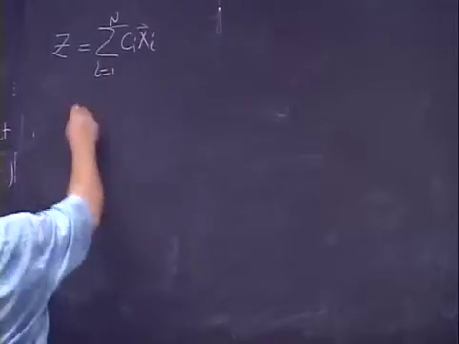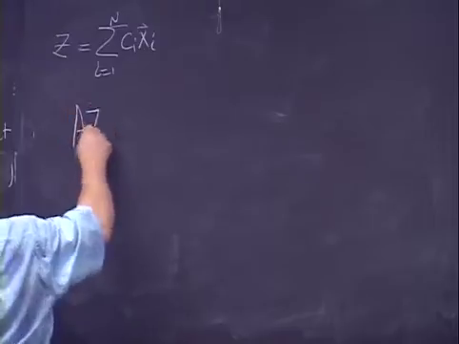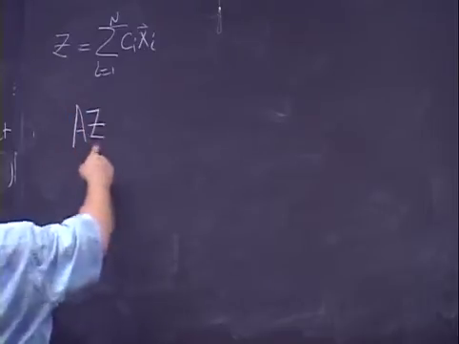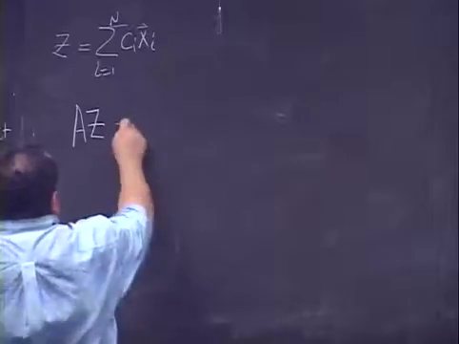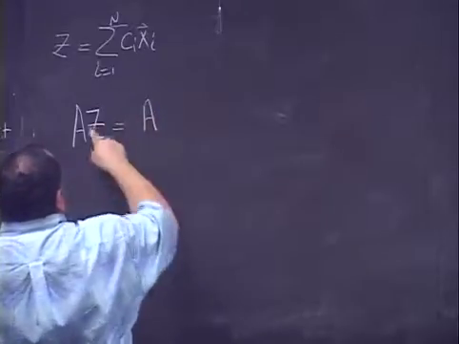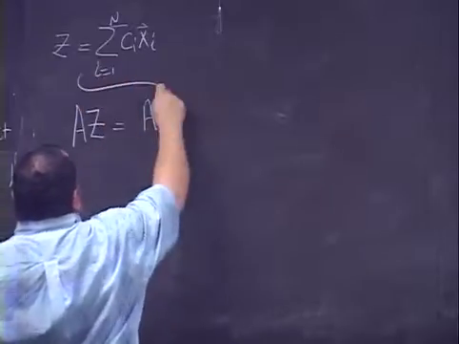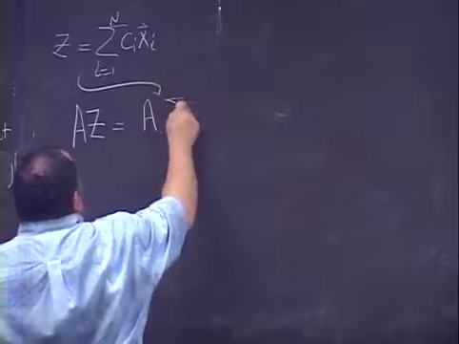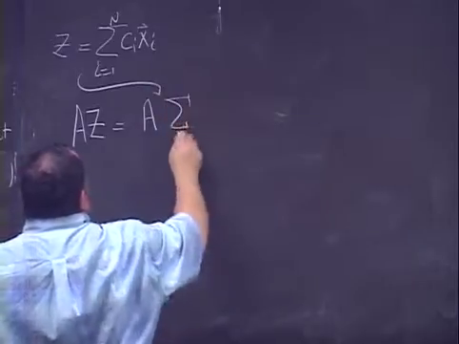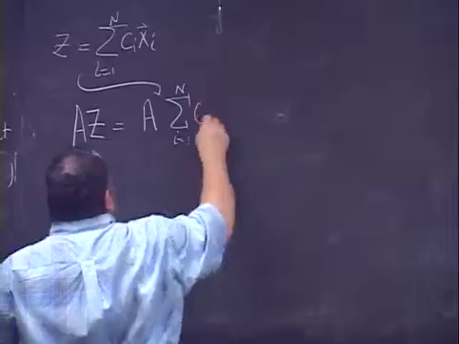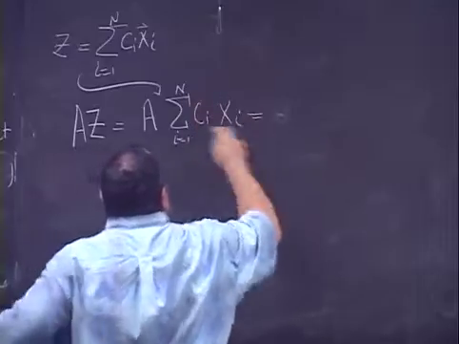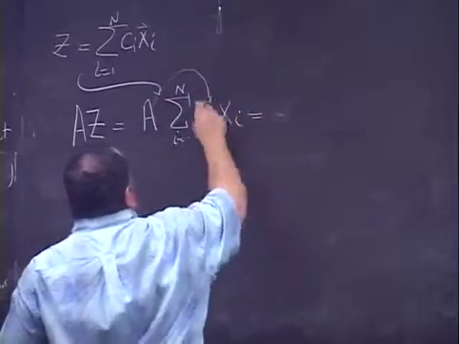So if you now do the eigenvalue problem, A multiplied by Z is just the summation from i equal to 1 to n of Ci xi, take A inside.